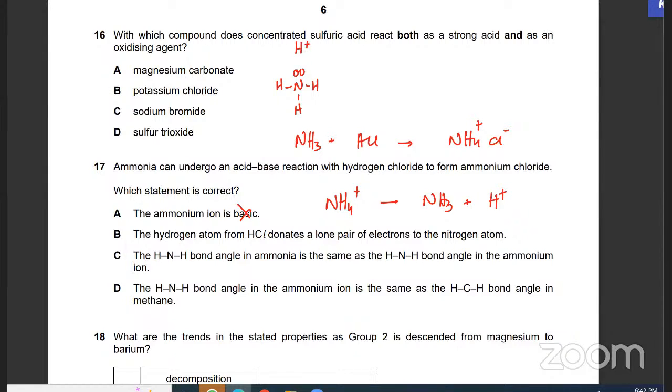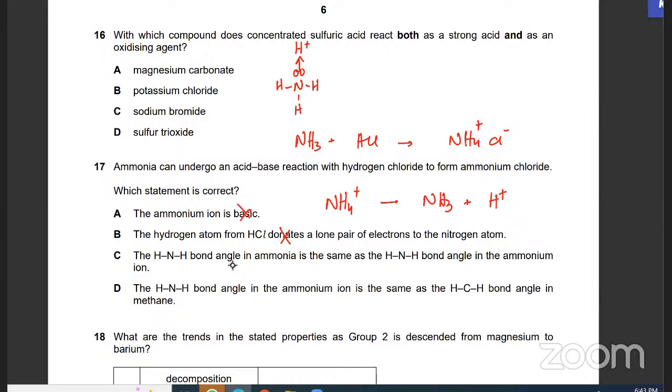Why? Because the lone pair attracts the H+ and they can form a dative covalent bond, right? Now, that's how ammonium ions are produced. So who is accepting the lone pair? That's H+, right? And ammonia is the one that's donating the lone pair. So the hydrogen atom from HCl donates a lone pair? No, it accepts the lone pair, not donates it. Is that clear? Yep.